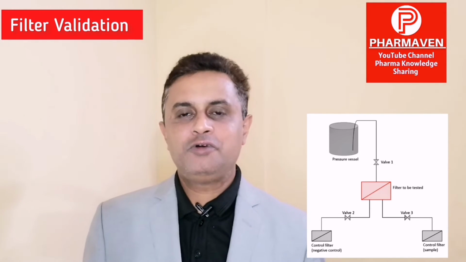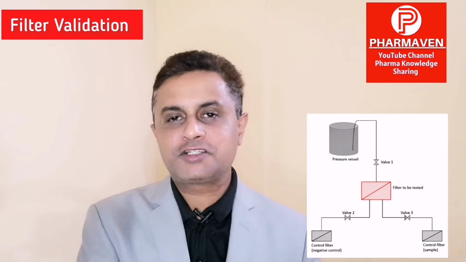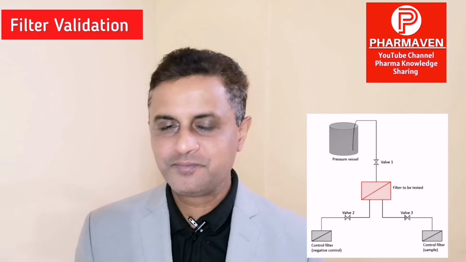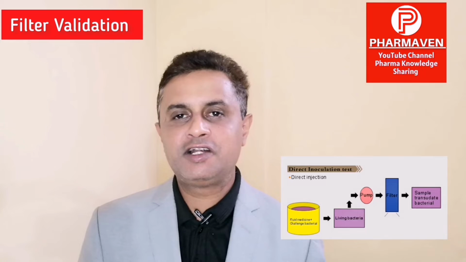What I have to do is take the culture with Brevundimonas diminuta at 10⁷ concentration. We have to pass it through the filter slowly. The flow rate will be 0.002 to 0.004 ml per minute per cm² of the filter surface area.